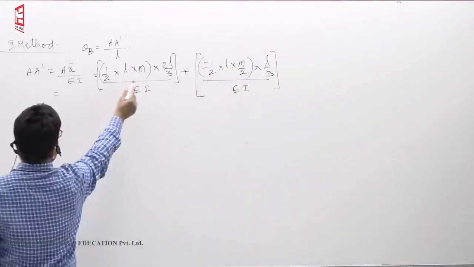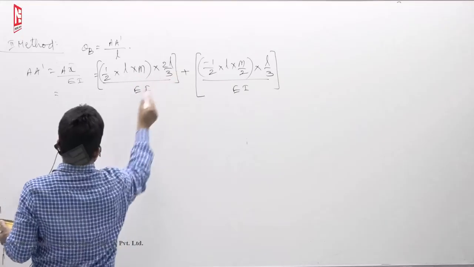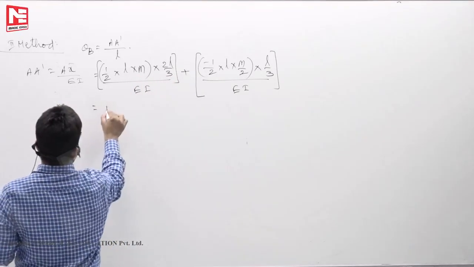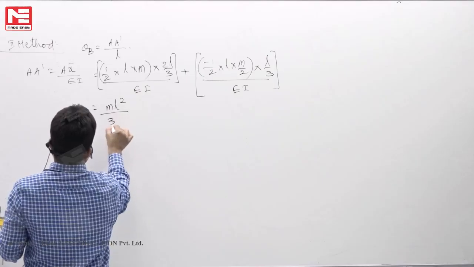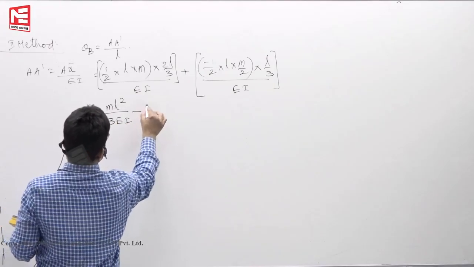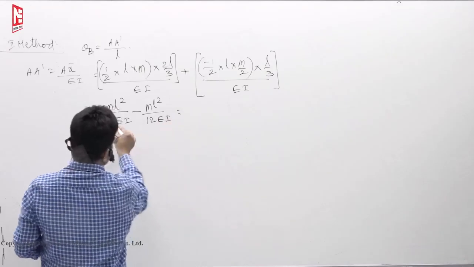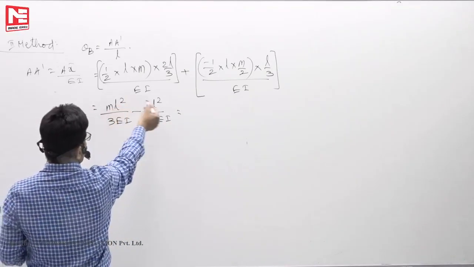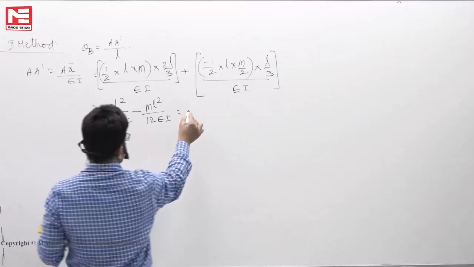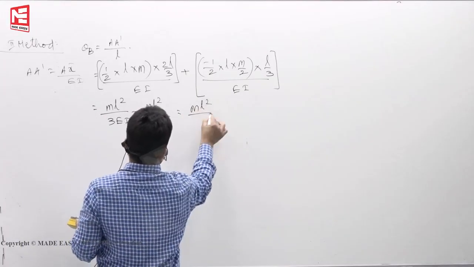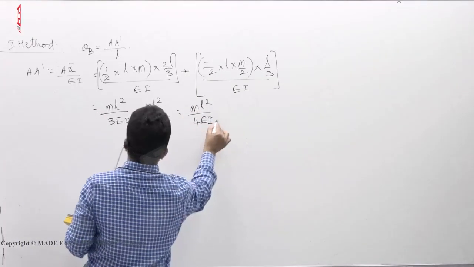So you will get ml square, 2 cancels out, ml square by 3 EI minus ml square by 12 EI. Common factor is 12: 4 minus 1, 3 by 12 is 1 by 4. So ml square by 4 EI.